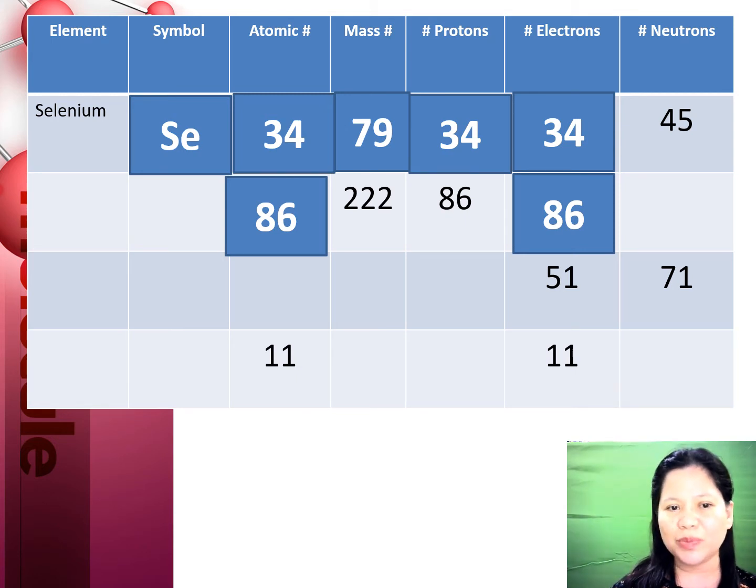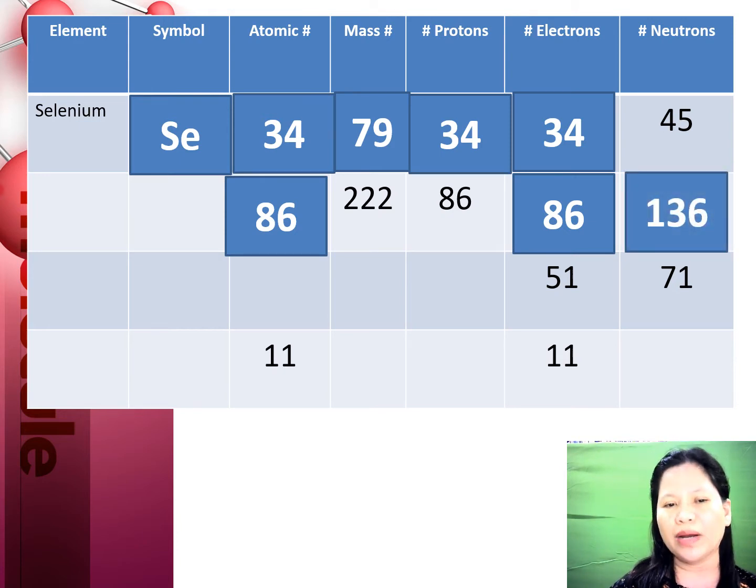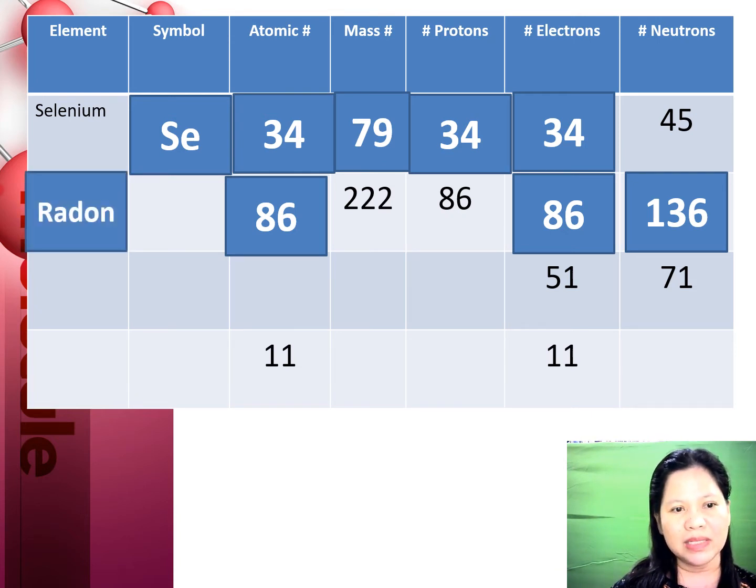By simply subtracting 222 minus protons, which is 86. That gives you 136. And if you locate the atomic number 86, the element is radon. So the symbol for radon is Rn.